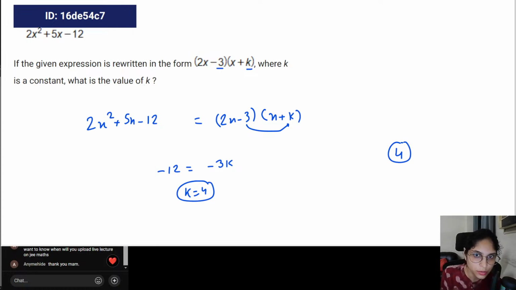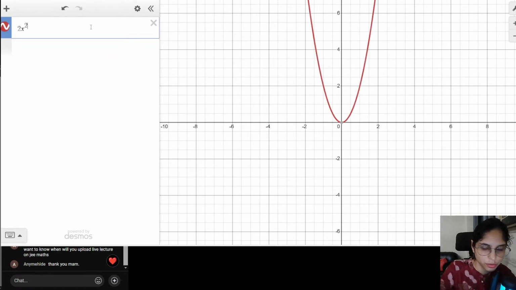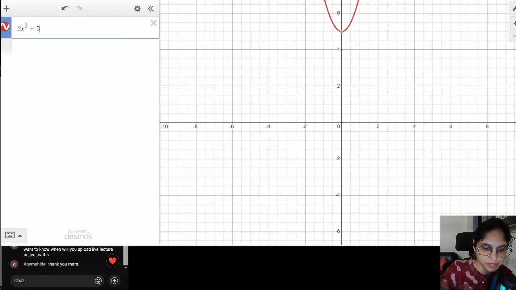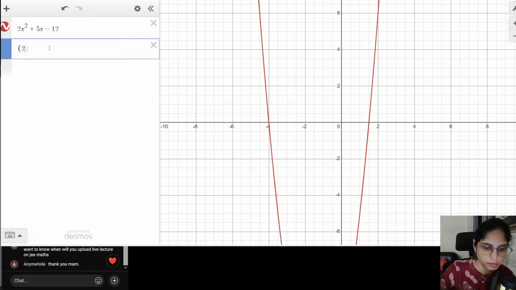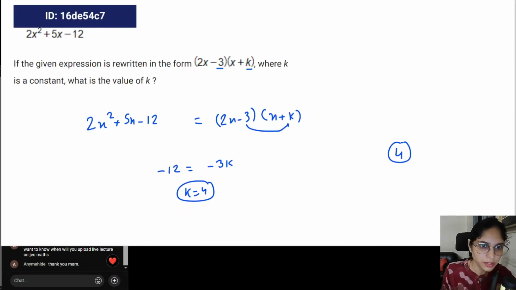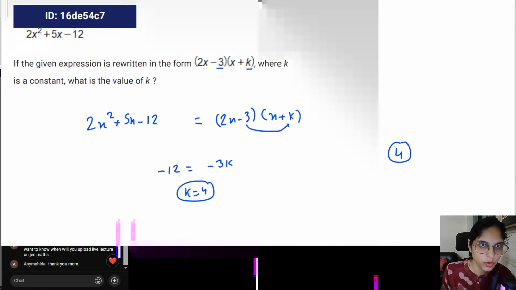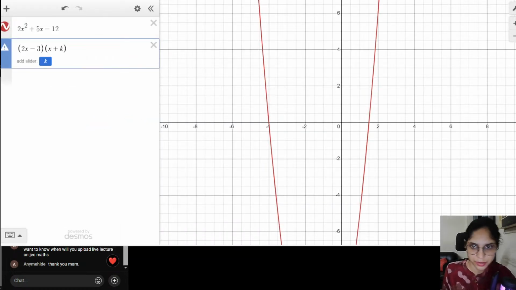And now if you want, you can go in Desmos and check it. 2x squared plus 5x minus 12. And here 2x. No need, but if you are wondering, will this always work? Yes. If you want the constant, just multiply the constants and compare it together.